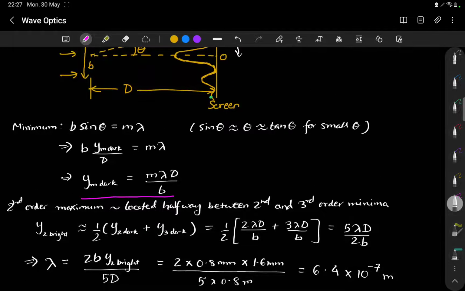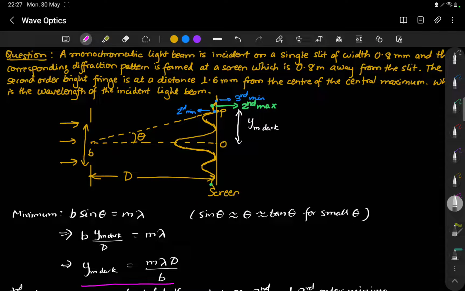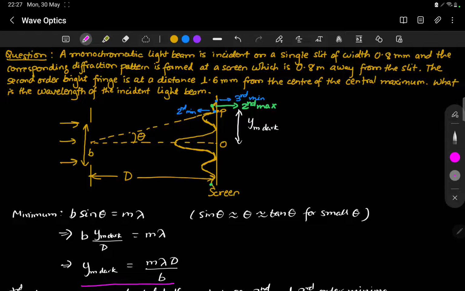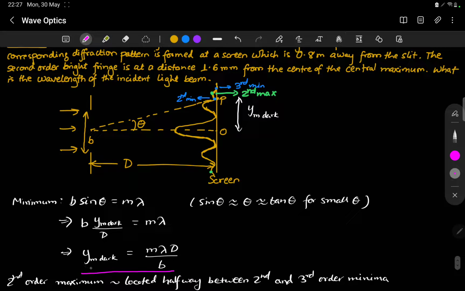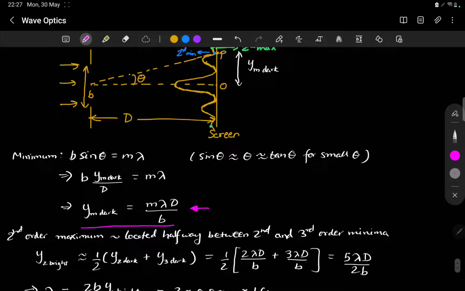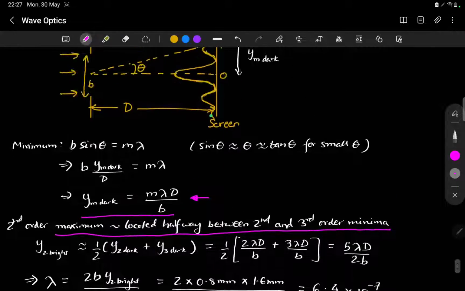This solves the question, which was based on single slit diffraction pattern, wherein the minimum is located according to this equation, and maximum is taken approximately between two successive minima. So this solves the question.